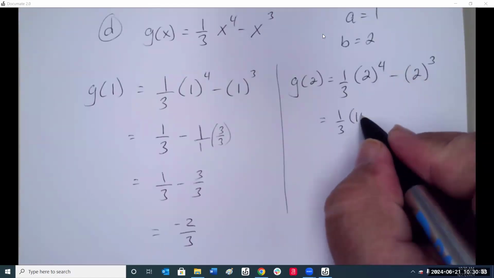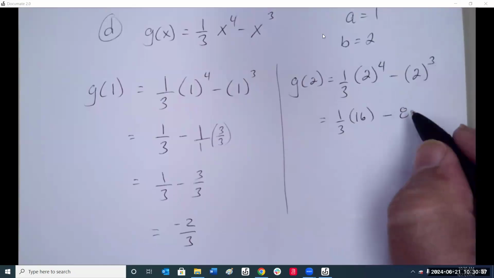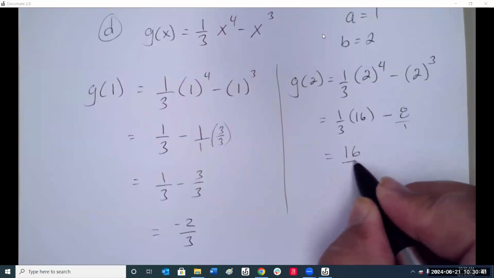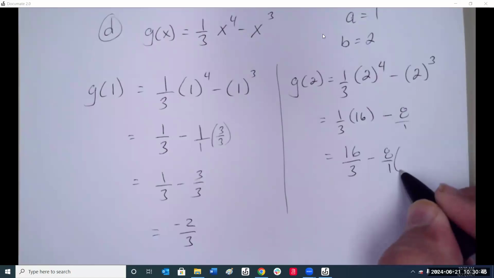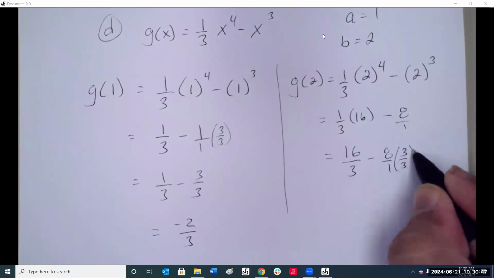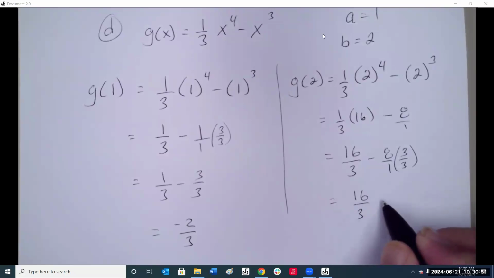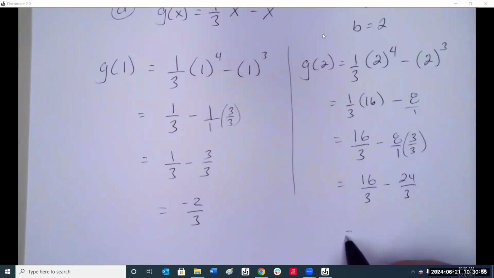2 to the 4th is 16. 2 cubed is 8. Get a common denominator. 16/3 minus 24/3 is negative 8/3.